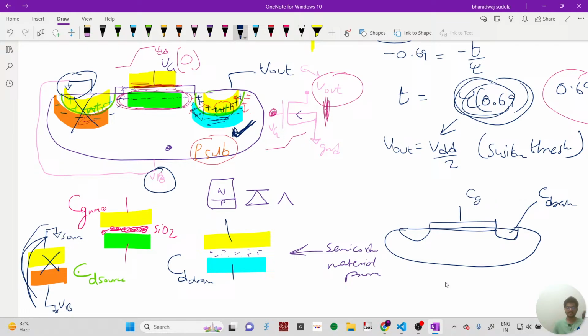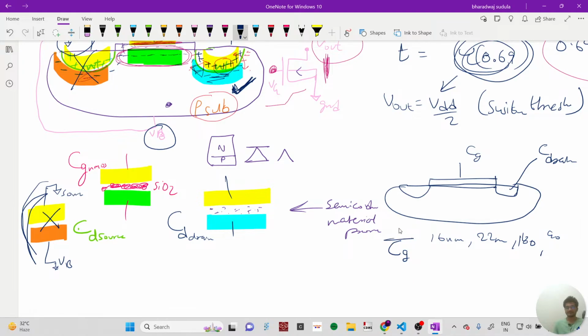So usually in any technology, whether it be 16 nanometer, 22 nanometer, 180, 90, 130, whatever, we usually consider the drain cap to the gate cap ratio equal to 1, approximately 1, not exactly 1, and we denote this ratio as gamma.